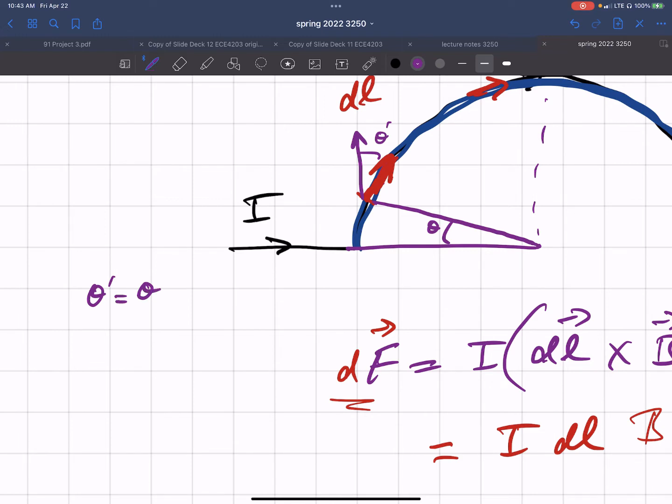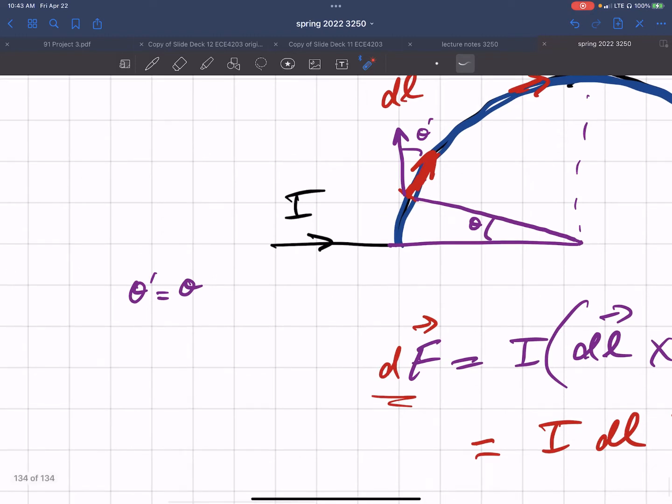What lets me do that? Well, there is an old theorem that says if two lines have angle theta between them, then two lines that are perpendicular to these two lines will also have the same angle theta.